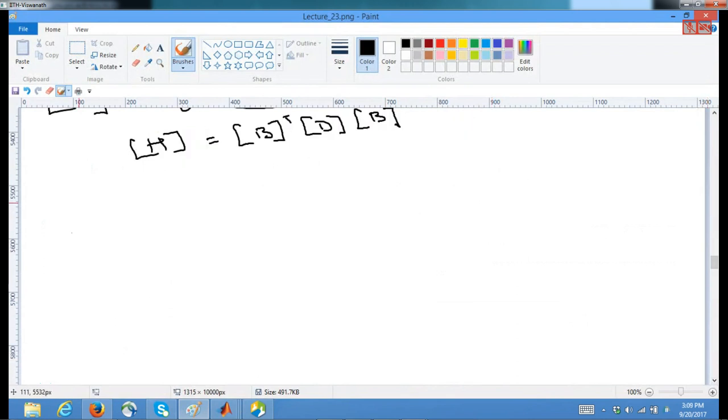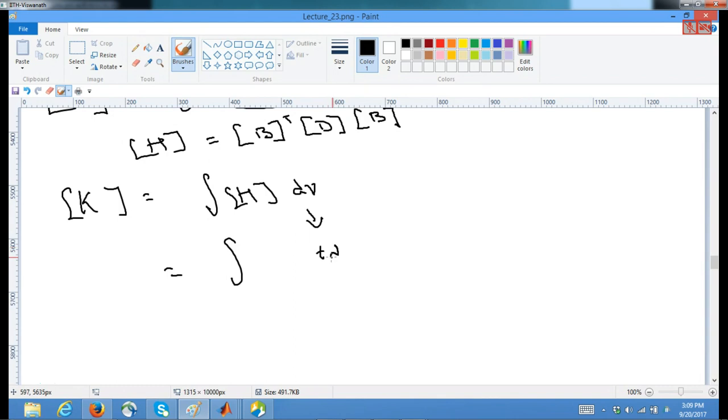Now our K matrix is the integral of H times dV, where dV can be split as thickness times dA. That means the integral, in our case, has x from minus a to plus a and y from minus b to plus b.